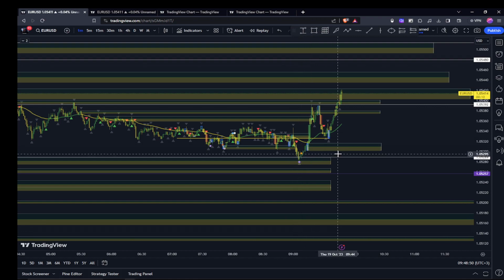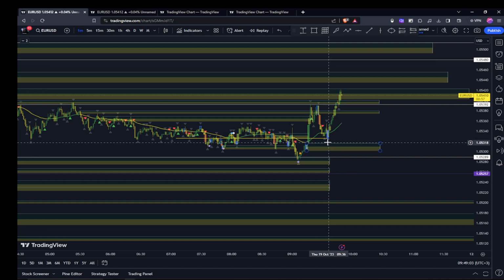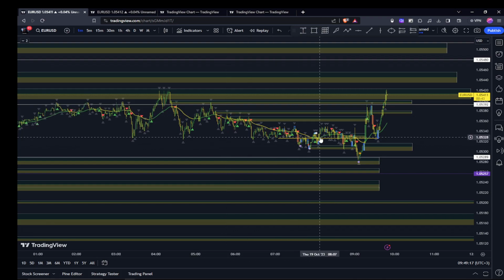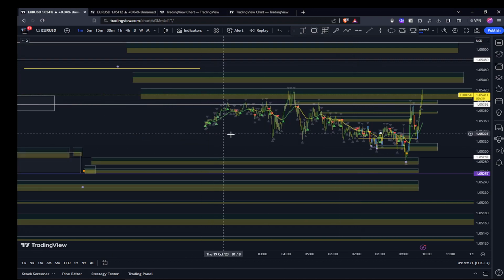My trading strategist usually tells me that I need to enter my trades between 9 o'clock and 10 o'clock. That's when the Frankfurt Open usually happens, and it concludes the Asian session.